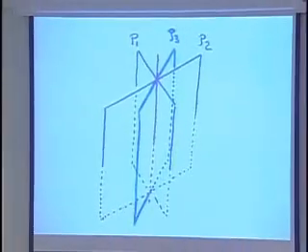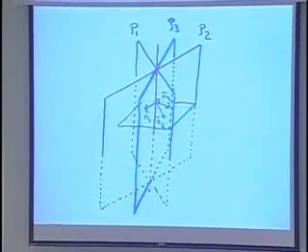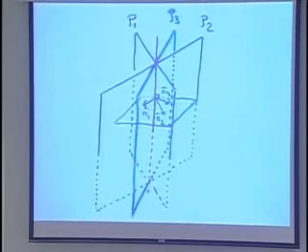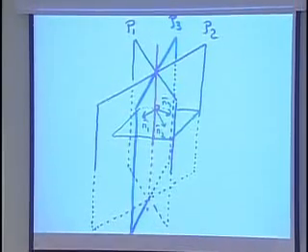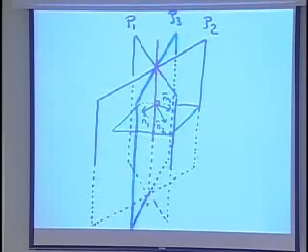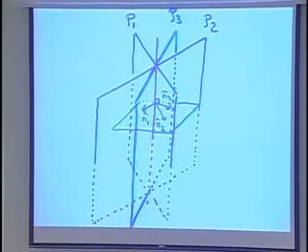Let's draw the normal vectors to these three planes. Well, it's not very easy to see. But I've tried to draw the normal vectors to my planes. They're all in the direction that's perpendicular to the line of intersection. They're all in the same plane.